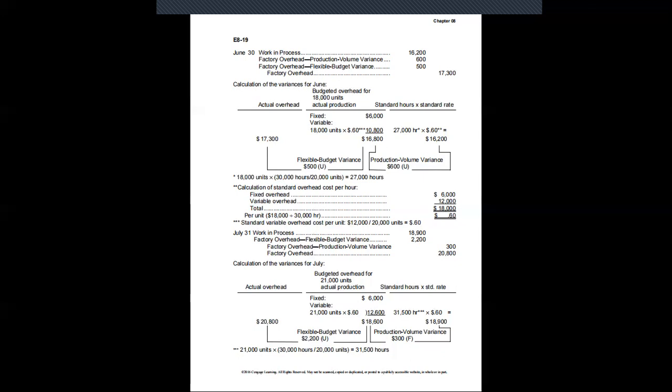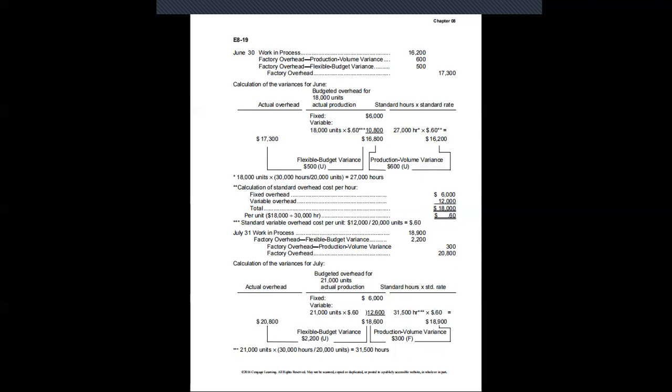So we have now the units produced in June and July, and we have the factory overhead incurred. For each month, make a single journal entry to charge overhead to work in process, to close it, and to record variances. So the first entry we have is on June 30.